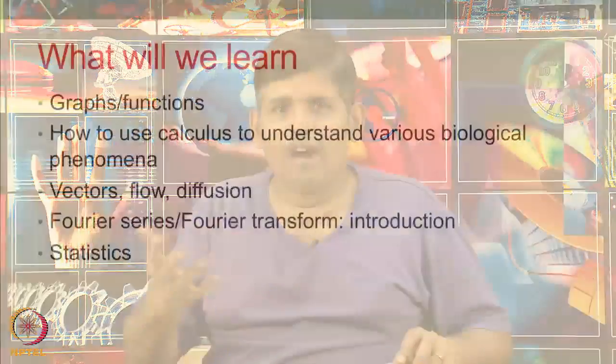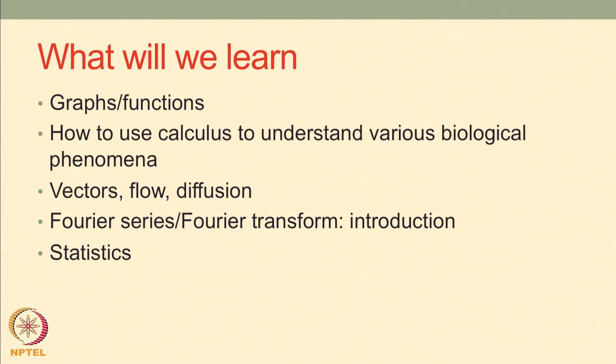Now coming back to this course, what will we learn? In this course, first we will learn graphs and functions. When we do an experiment, we typically plot graphs, and graphs are related to mathematical functions, formulas. So first we will learn the connection between graphs and mathematical functions.